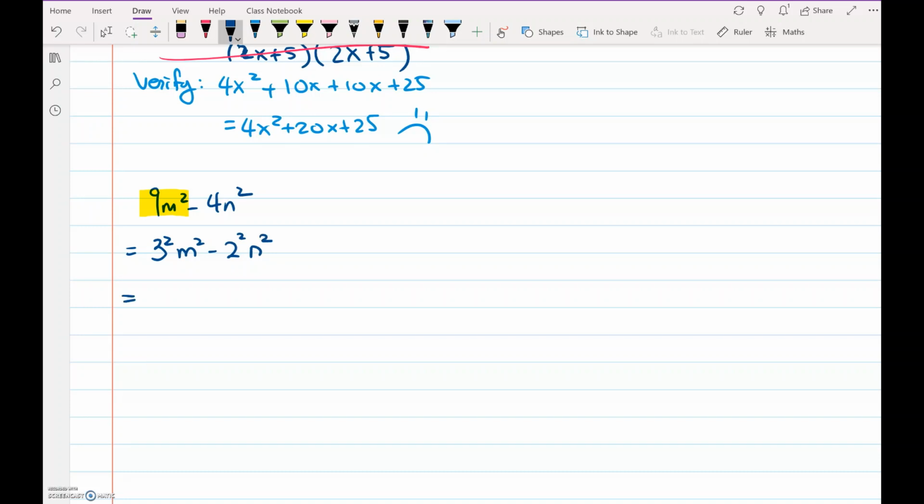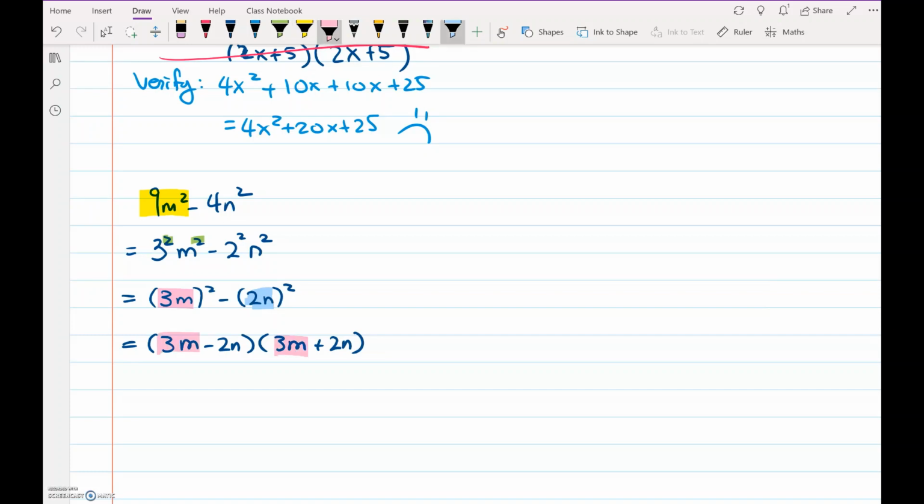Or if I rewrite that, remembering our law of exponents, I can take the 2 on top out in both cases, okay? So I have (3m) squared minus (2n) squared. I look at the inside here as one term, and I look at the inside here as another whole term. Then what I get is (3m minus 2n)(3m plus 2n).